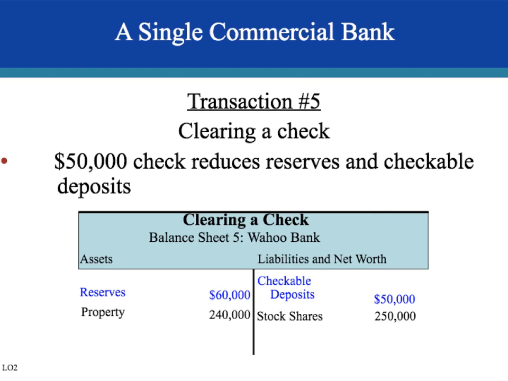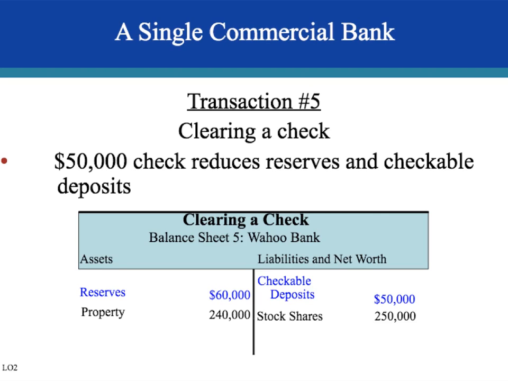Let's look at a scenario. A customer has money in Wahoo Bank, and he writes a check to purchase equipment. Let's say he writes a $50,000 check, and so now checkable deposits go down to $50,000. Remember, they were $100,000, and someone wrote a $50,000 check, so now they're down to $50,000, and also reserves fall to $60,000.